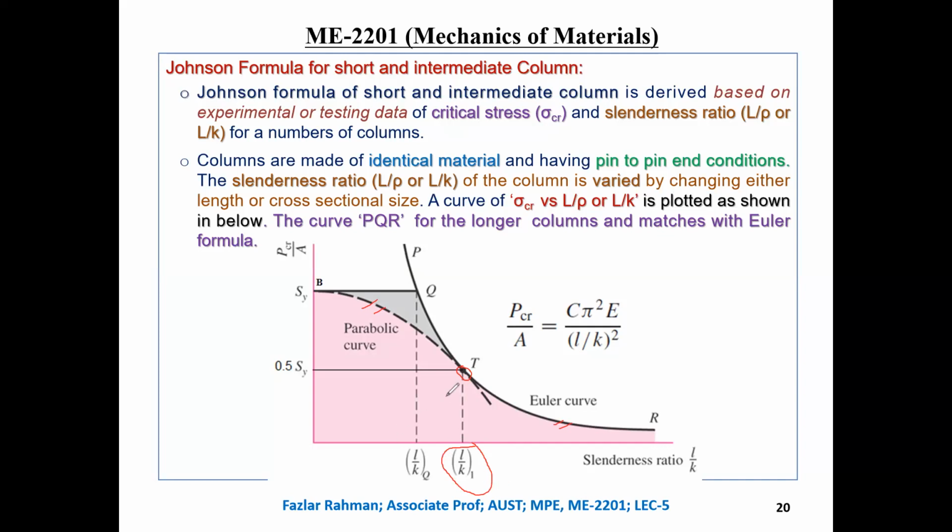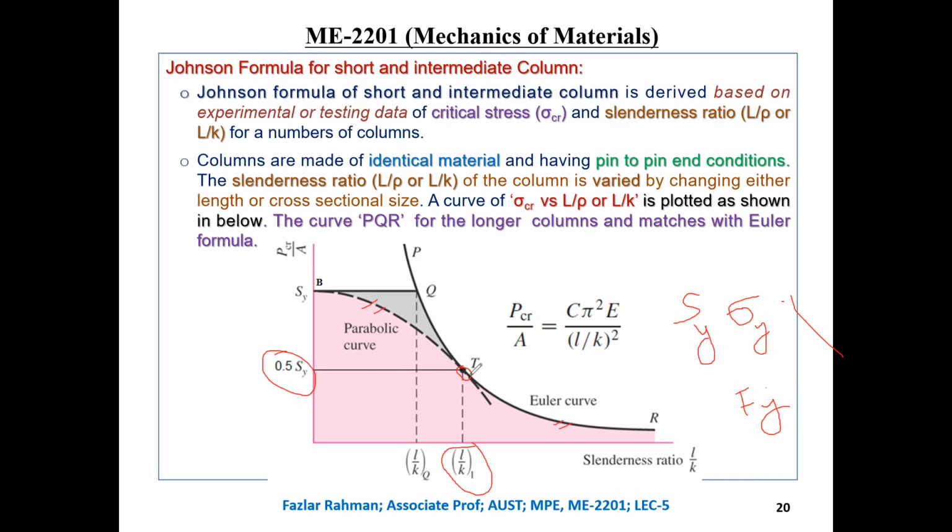And he figured out that the stress at point T becomes 0.5 SY. 0.5 SY means some books write S as the stress, that means yield strength. Some books write sigma Y as the yield strength, some write Fy. So he found that the column fails at point T at half of the yield strength.